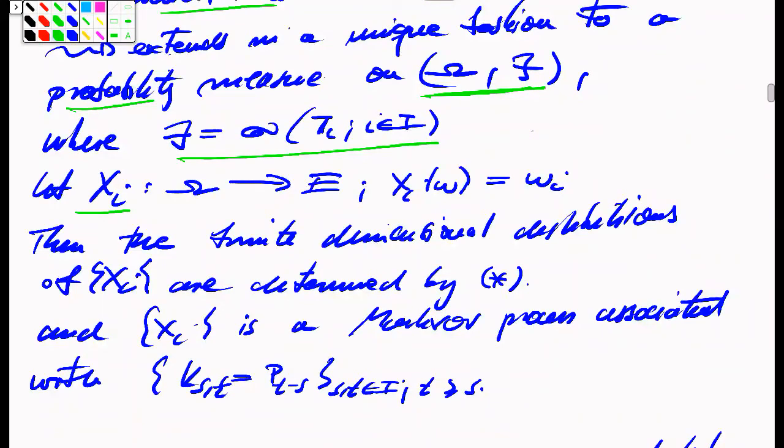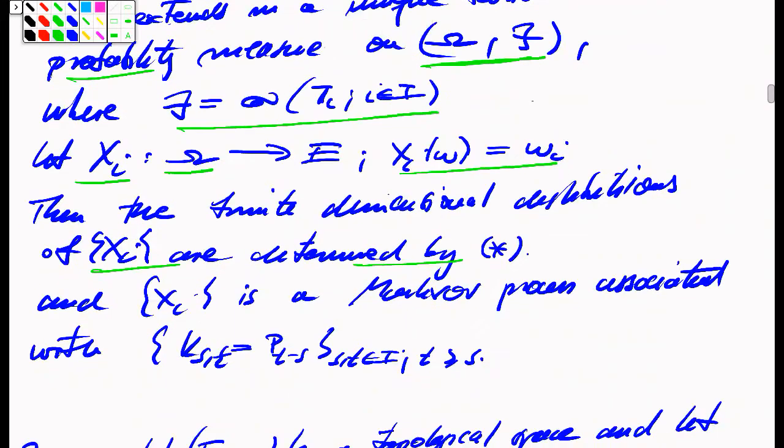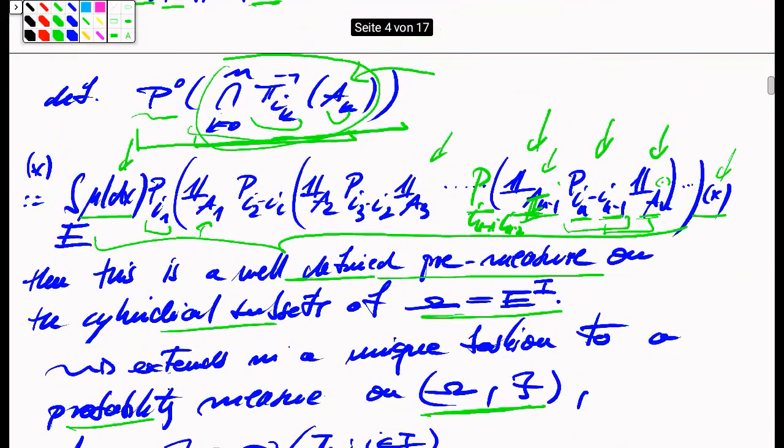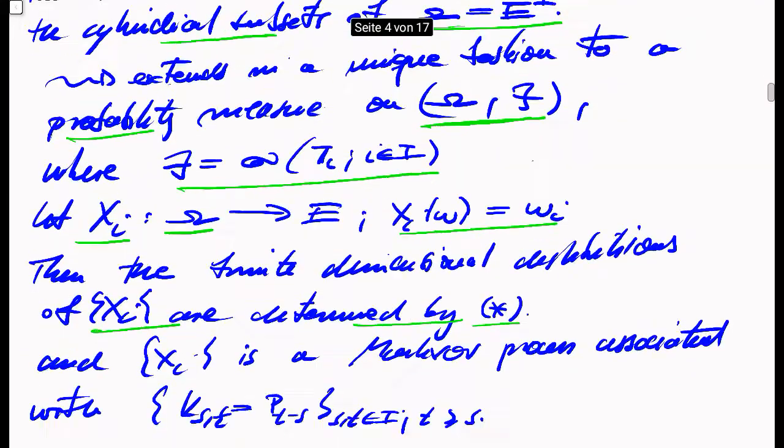And we can see that we can now define random variables on this path space, which are exactly induced by this family of evaluation maps. And then we can convince ourselves easily that the finite dimensional distributions of this stochastic process are determined by exactly this formula, which was our defining formula or constructive formula for the definition of this pre-measure.